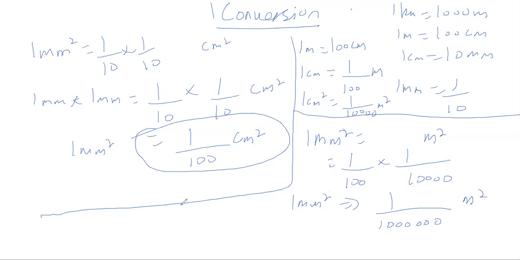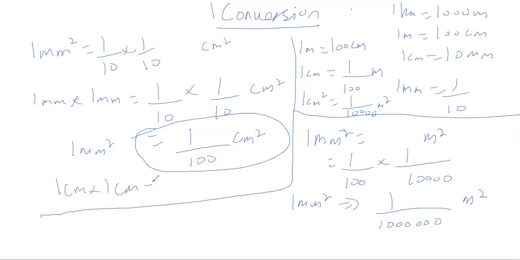How do we get 10,000 with 4 zeros? Okay, okay. Now see, if you convert 1 centimeter into meter square, so what is 1 centimeter square? 1 into 1. And from this equation, we know that 1 centimeter is equal to 1 over 100. So 1 centimeter into 1 centimeter is equal to 1 centimeter square.